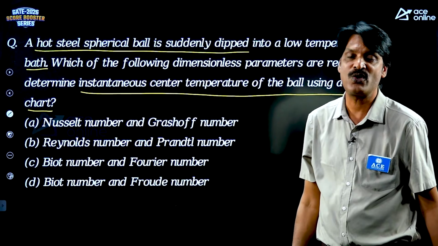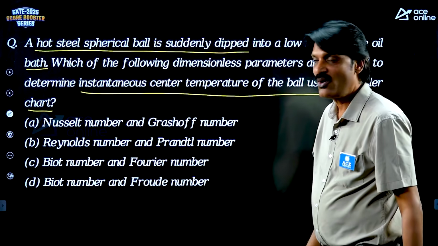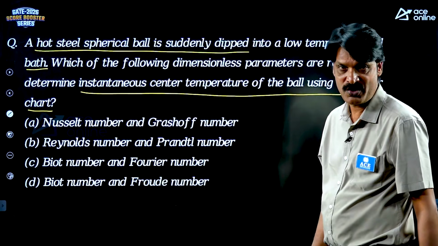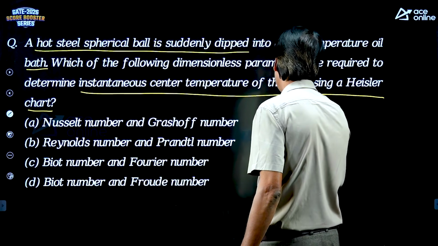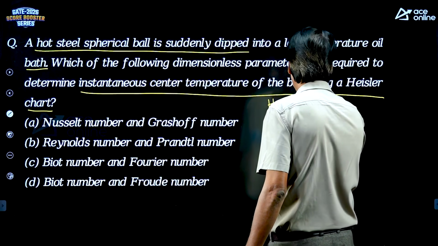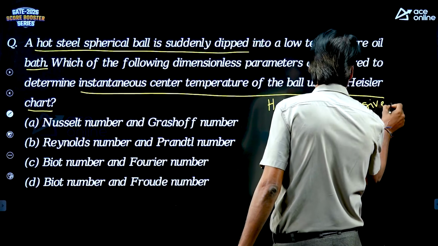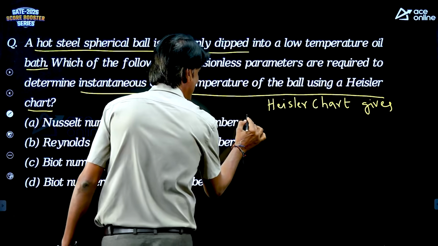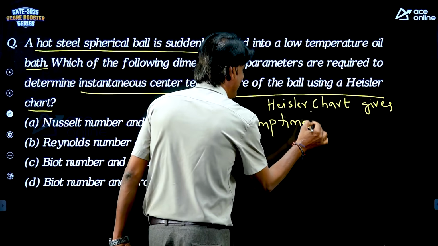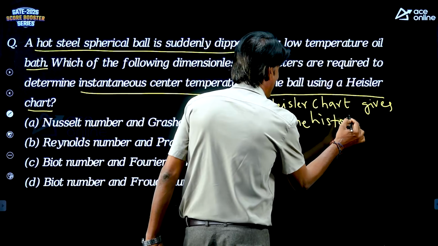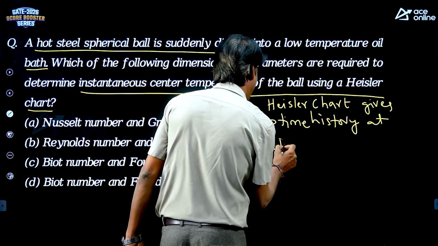Earlier, you had semi-infinite solids. Semi-infinite solids were removed and then they added infinite solids with Heisler and Grober charts. If you look at the Heisler chart, first let us talk about the Heisler chart. The Heisler chart gives the temperature time history at the midplane or center line.